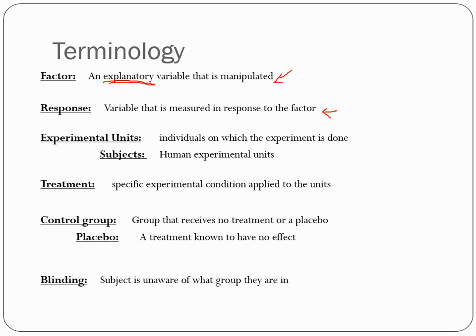Blinding means that the subject is unaware of which group they're in, and that's important, right? Because if somebody knows that they're getting the sugar pill, they're probably not going to take it. What we're really trying to see is whether or not our new drug has an effect. Double blinding can play a role sometimes too, because sometimes it's better if the researcher doesn't know which treatment is being used.